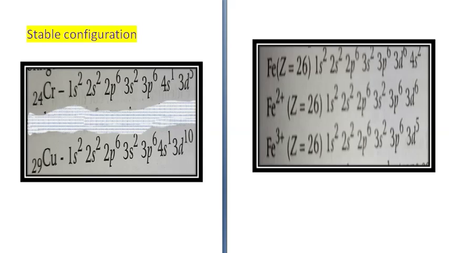So filling is done like this: first 1s is filled, so 1s2, 2s2, 2p6, 3s2, 3p6, 4s2 and then 3d4. But this configuration is unstable. So what happens is that instead of 4s2, one electron from 4s jumps to d orbital and you have 4s1 3d5.